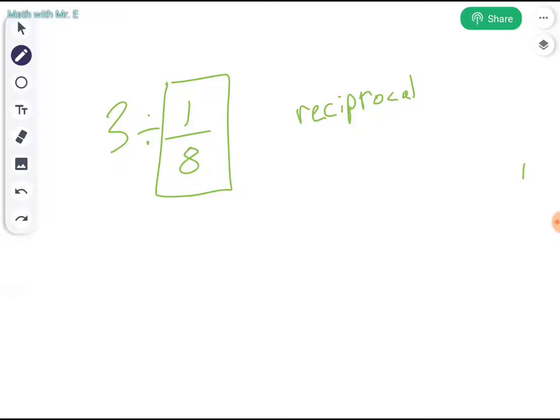The reciprocal is just the opposite of this fraction. If we take the denominator and make it the numerator, and take the numerator and make it the denominator, then instead of 1/8, the reciprocal would be 8/1. So our trick to dividing with fractions is actually to multiply by the reciprocal.